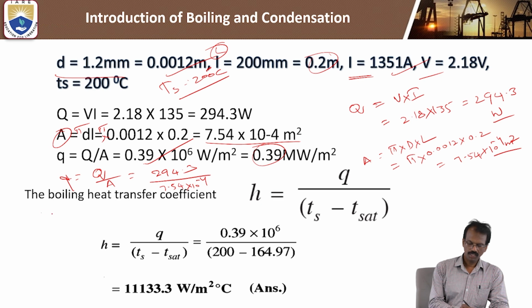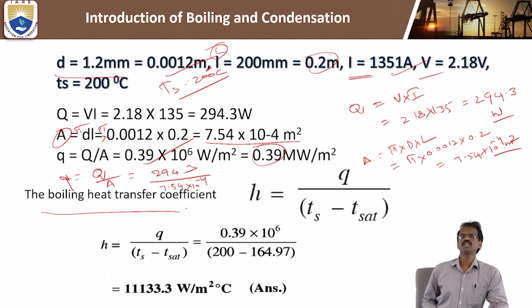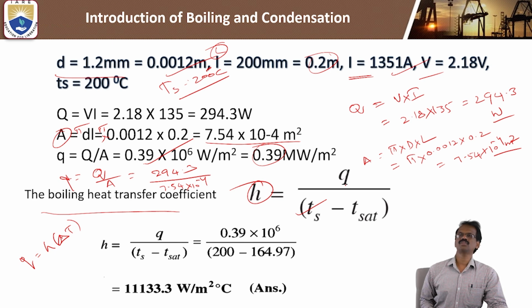So next, boiling heat transfer coefficient. Boiling heat transfer coefficient H is equal to formula. You know that heat flux is equal to H into temperature difference delta T. So then H is equal to Q by temperature difference, solid surface temperature minus saturated surface temperature.